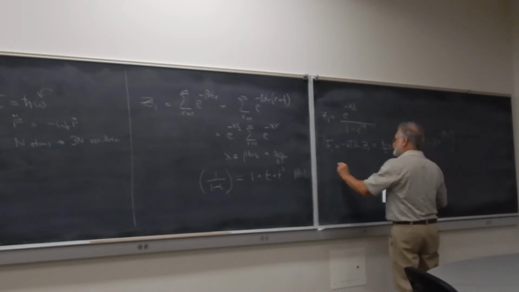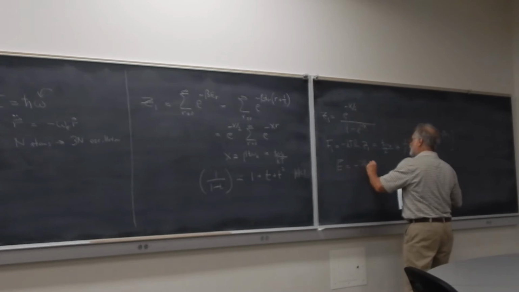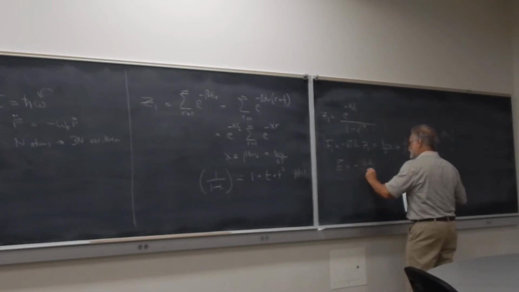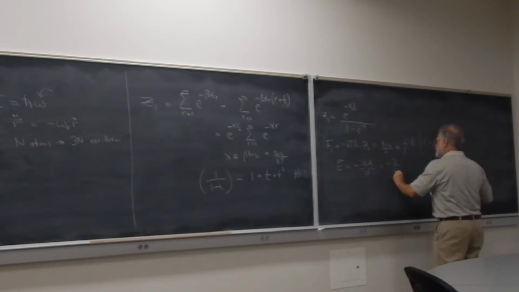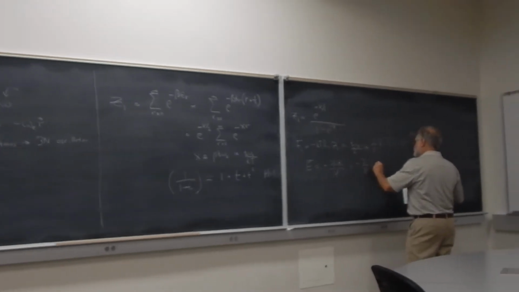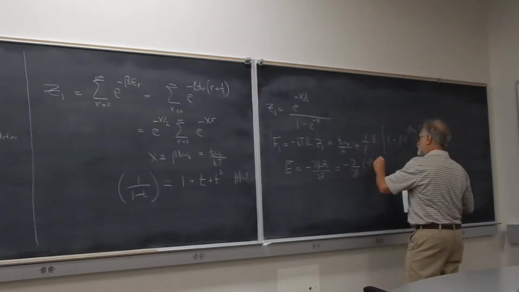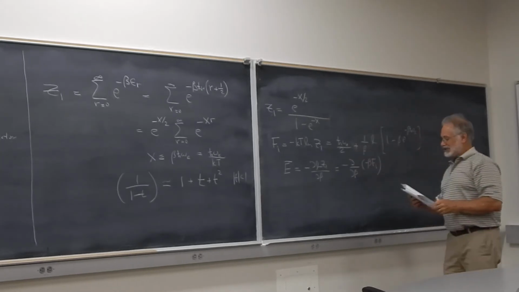Furthermore, the mean energy per oscillator, we'll write as E bar equals minus d log C1 with respect to beta. I can write that as minus d beta times minus beta times the Helmholtz free energy.